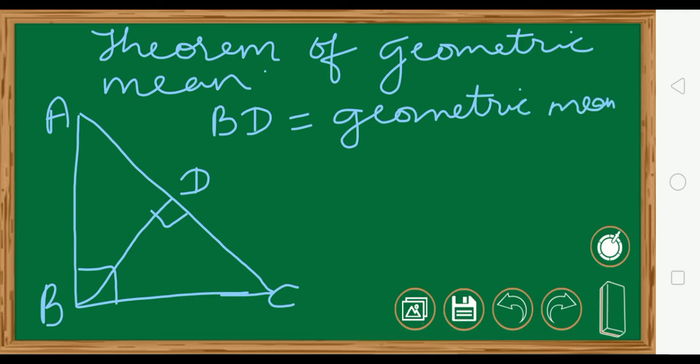And it can be proved that BD is equal to root of AD into DC, that is BD is equal to, or we can say BD square is equal to AD into DC.